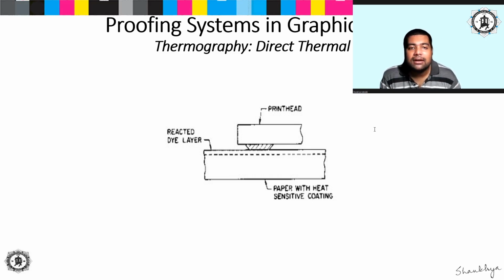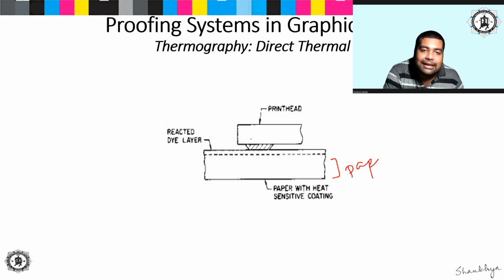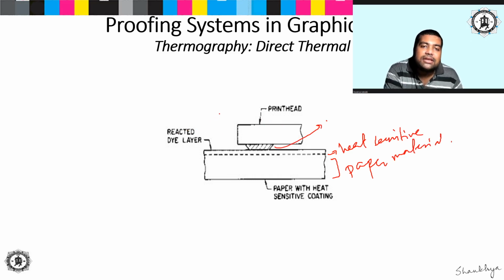Heat conducted to the paper via the region of contact produces a significant temperature rise on the surface of the heat sensitive paper. As you can see in the picture, this is the paper and there is a layer of heat sensitive material on top of it, and this is the print head containing the heating resistor which is applying the heat to the paper.